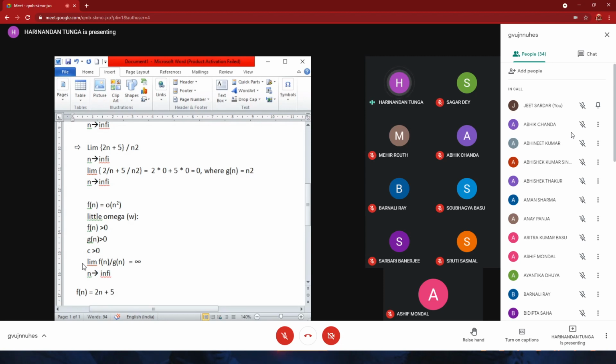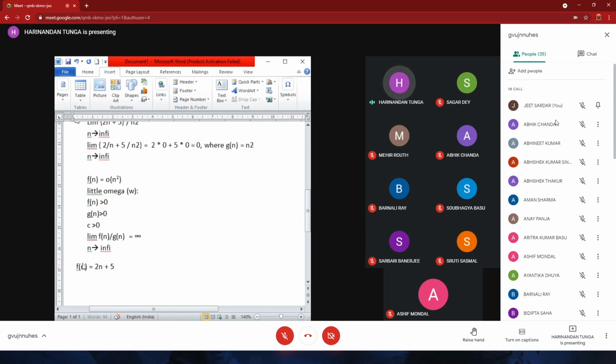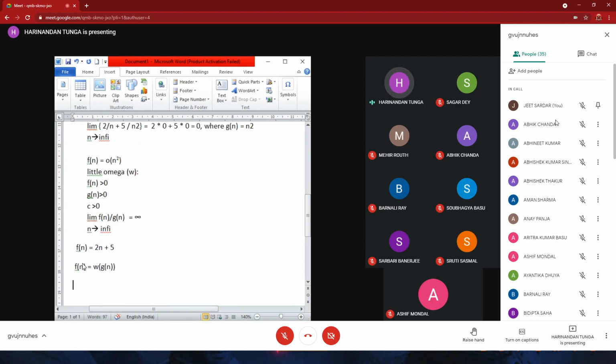Now, to express your algorithm's efficiency in terms of little omega, এক্সপ্রেস fn in terms of little omega, তাহলে fn equal to little omega of gn. Find the value of gn.